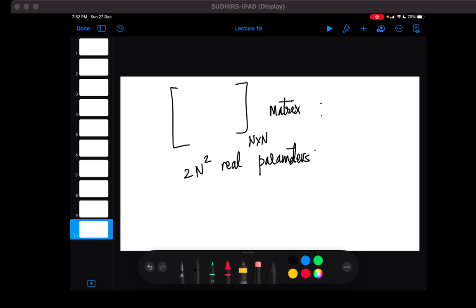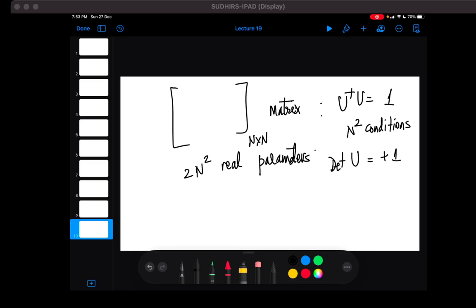Then you have u dagger u equal to 1, which gives you n square conditions, and then there is the det u equal to plus 1, which gives you one more condition.